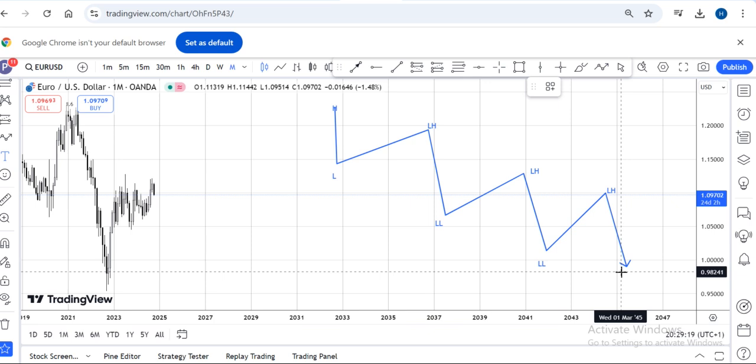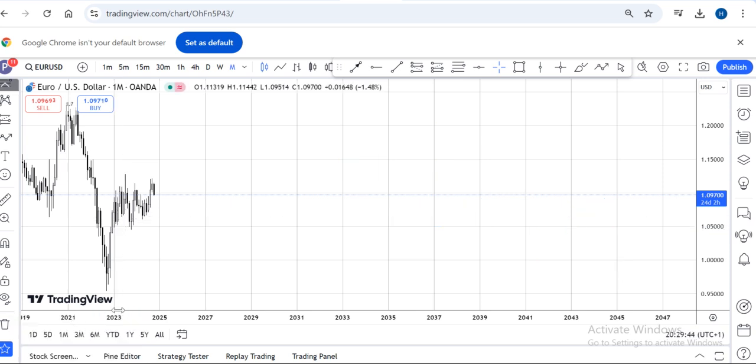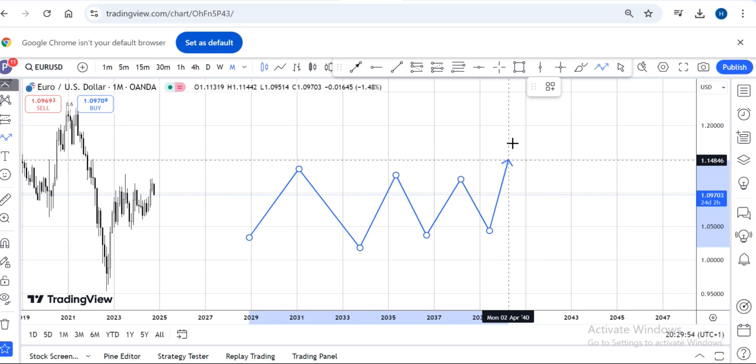So now, in order to go a little bit further, we would delete this, and then we talk about what we call the range. A lot of people love to avoid trading this kind of structure.